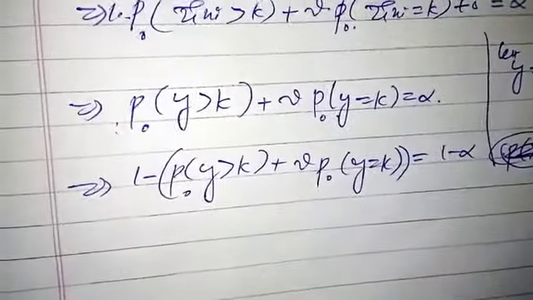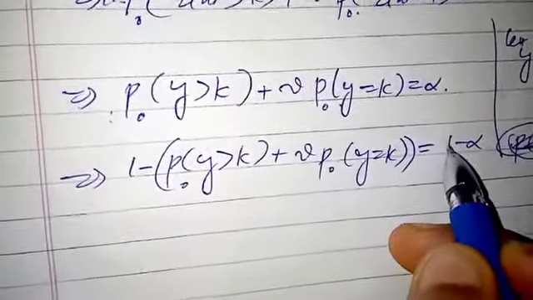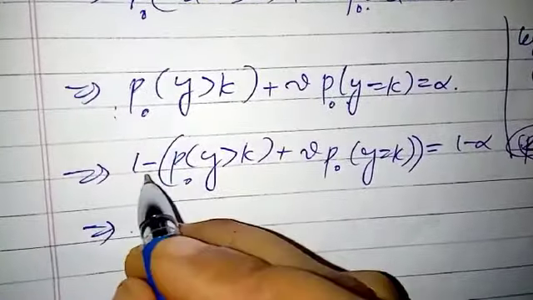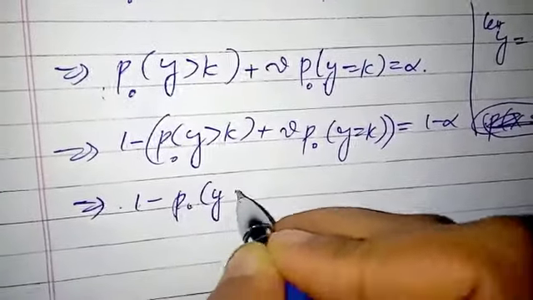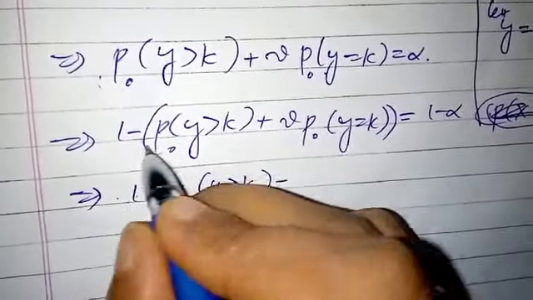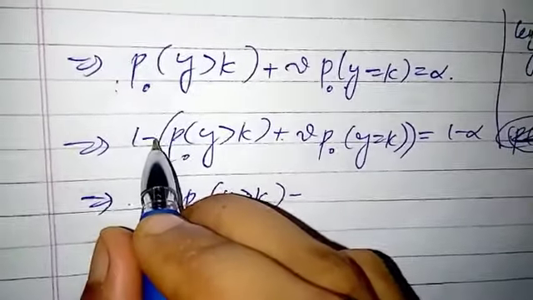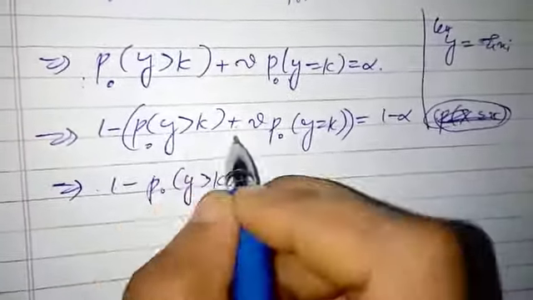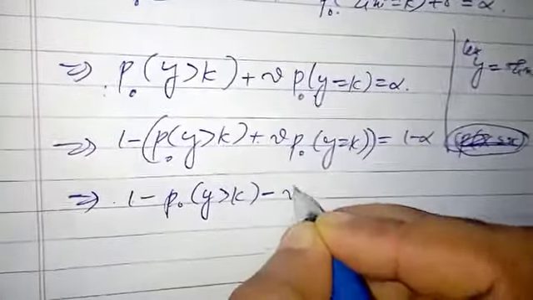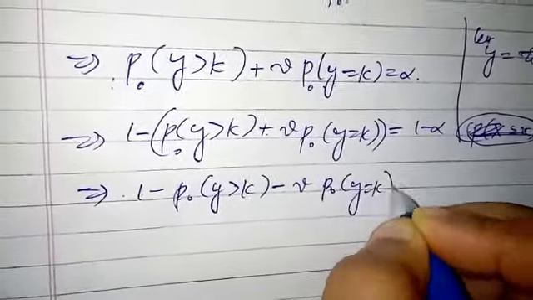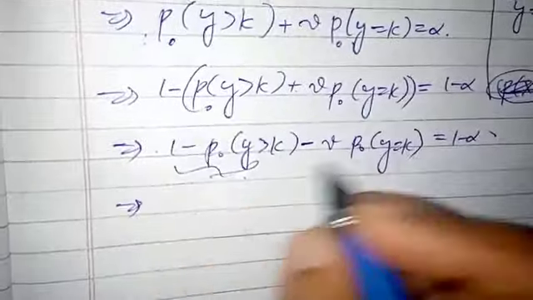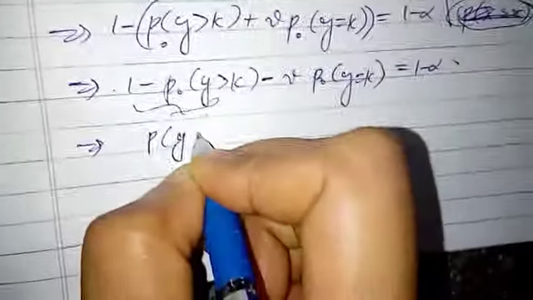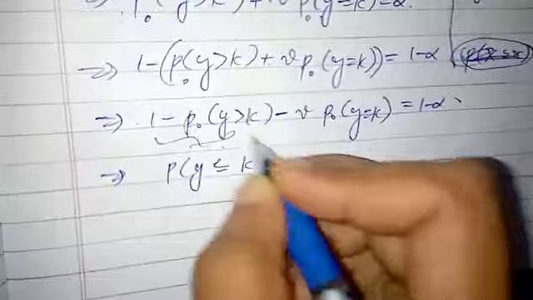Which implies we can write these terms as 1 minus probability of y greater than k, minus gamma probability of y equal to k, equal to 1 minus alpha. Here, when we multiply, it becomes minus, right? Then we can write 1 minus probability of y greater than k as probability of y less than or equal to k, right?